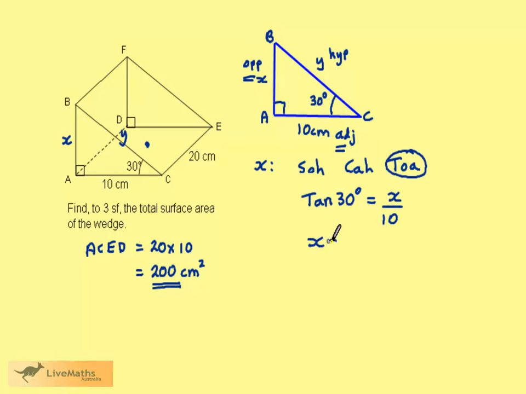Multiplying through by 10 gives x equals 10 times the tangent of 30 degrees, and this calculates to give us that x is equal to 5.7735 centimeters, correct to 5 significant figures.